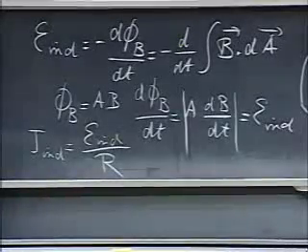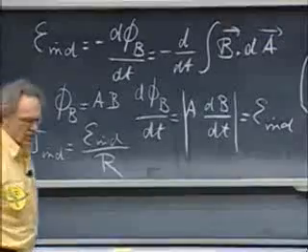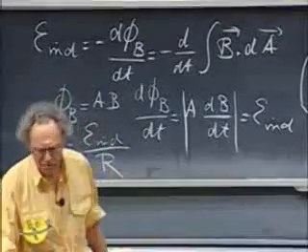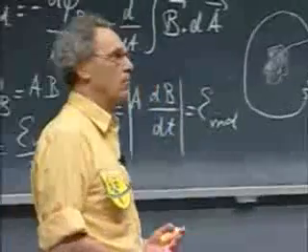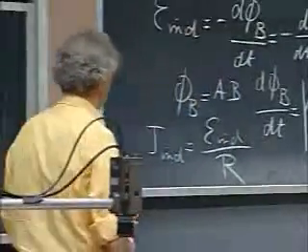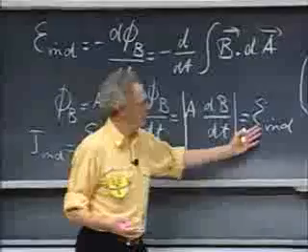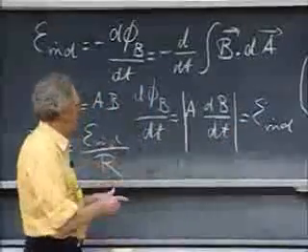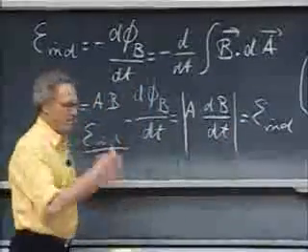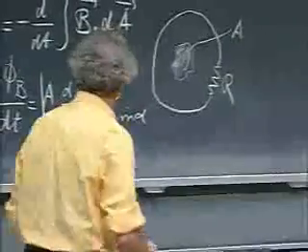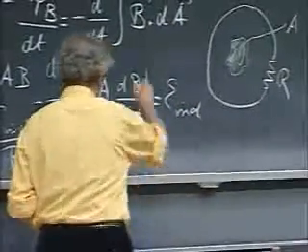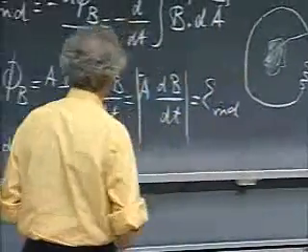conducting loop. The direction is never an issue because you all can handle Lenz's law. Notice I didn't even put a minus sign here, because the EMF is of course minus d phi/dt. It's not important for me to put a minus sign here, but I put these bars there to get rid of minus signs.